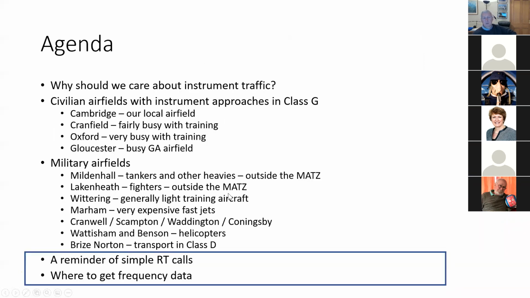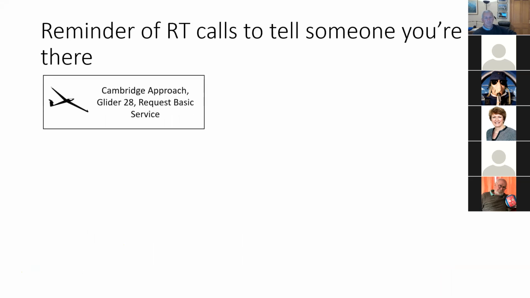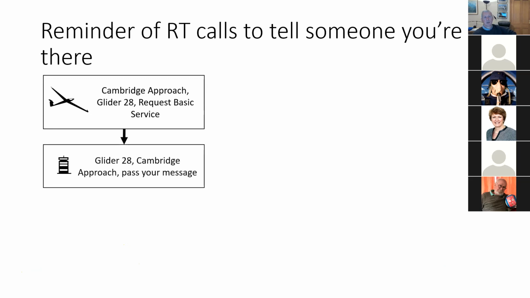Okay, so that was the scamper through various airfields. I thought I'd give you a quick reminder about simple RT calls and a little advert on where to get all the frequency data for all those calls that I've been talking about. So here's our RT call. Glider, Cambridge Approach, glider 28, request basic service.